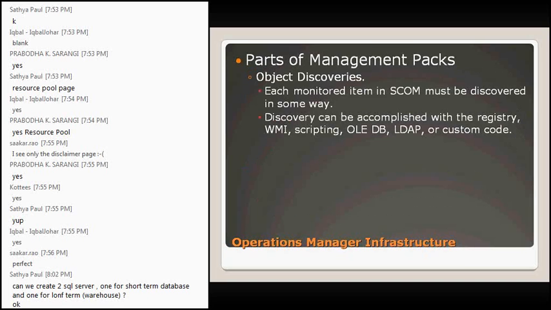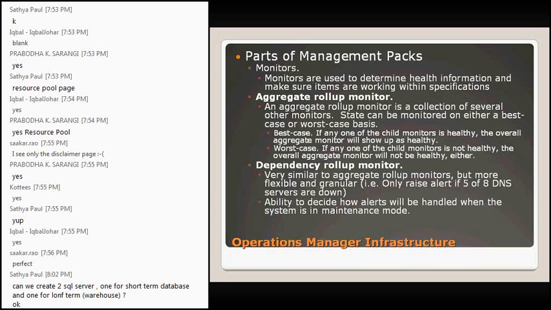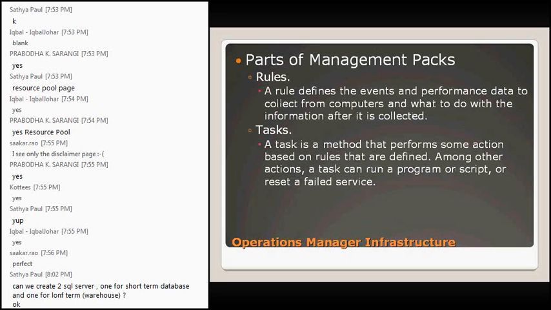So we just talked about two parts, the object discovery and the monitor. And the next thing we need to talk about is the rules. What do you mean by rule? A rule is something that you define so that it determines what data will be collected, or what events should be captured from a system.